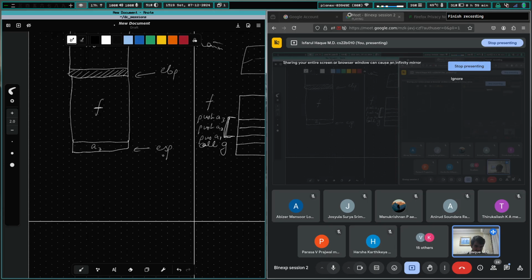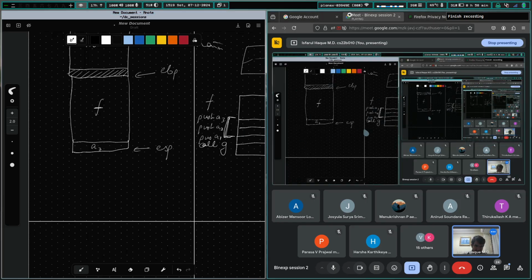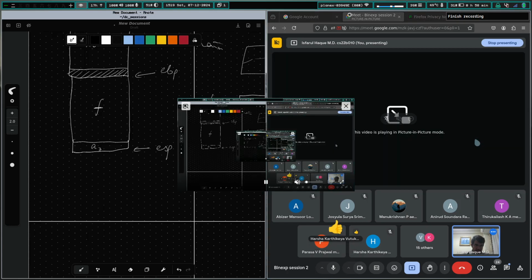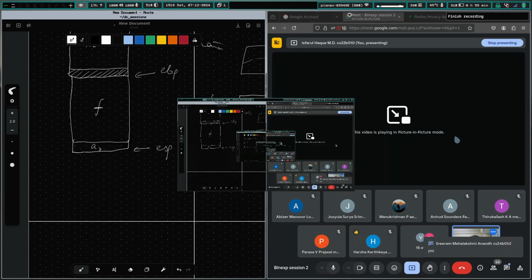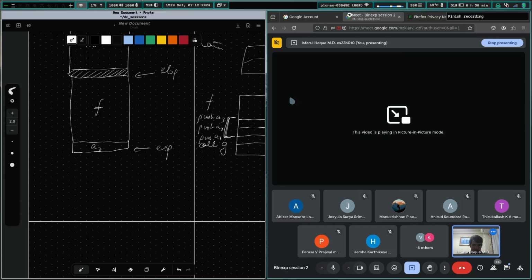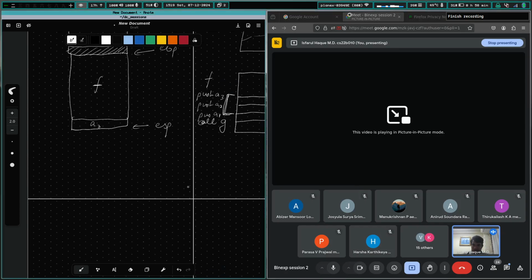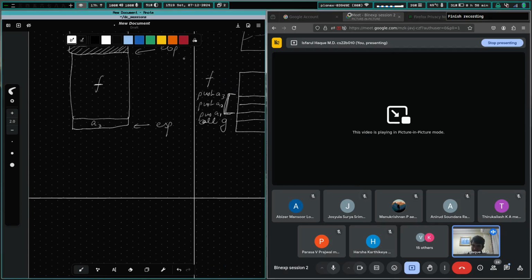Push is clear to everyone, right? Cool. So A3 is pushed. Next A2 is pushed.